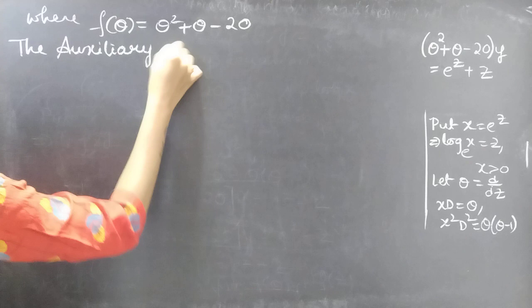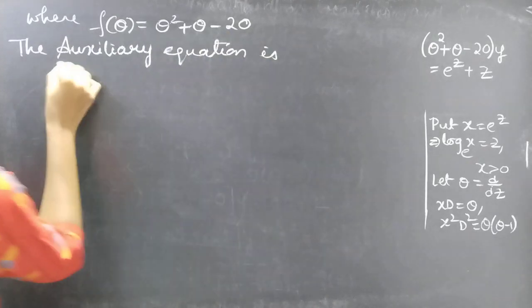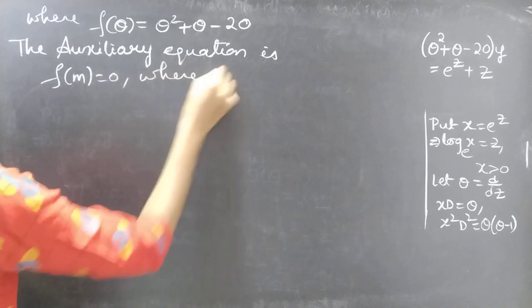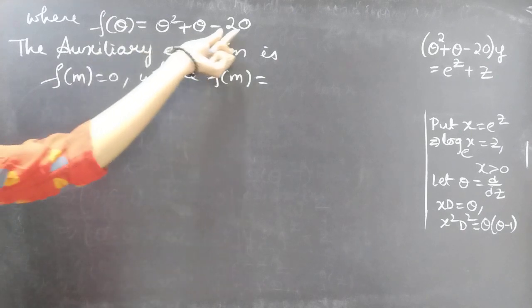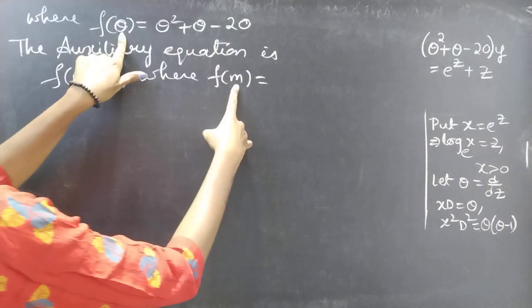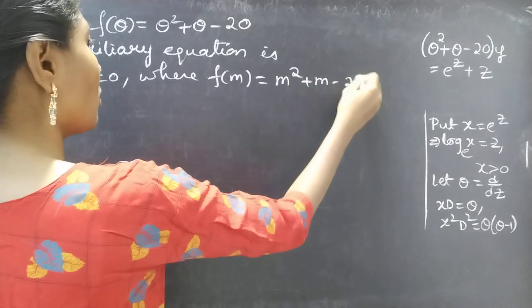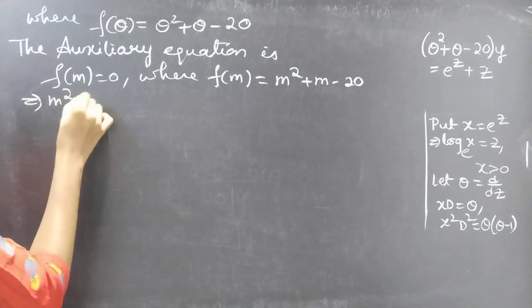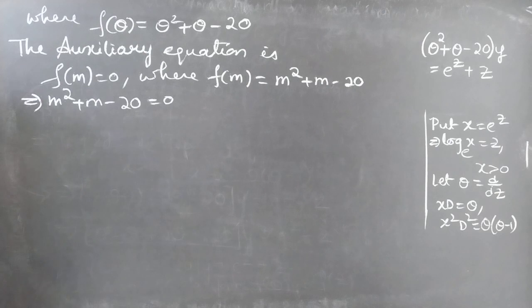The auxiliary equation is f of m equal to 0, where f of m equals f of theta, theta square plus theta minus 20, right? Let's replace the differential operator by m, so that we get f of m equals m square plus m minus 20. Then our auxiliary equation becomes m square plus m minus 20 equal to 0.